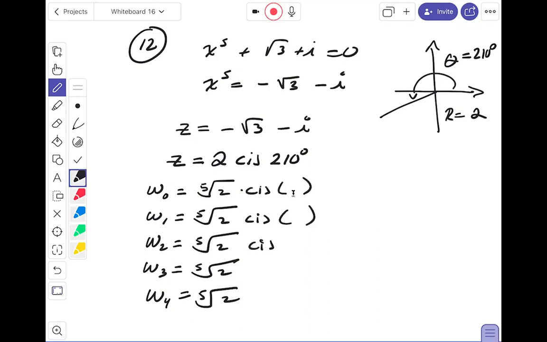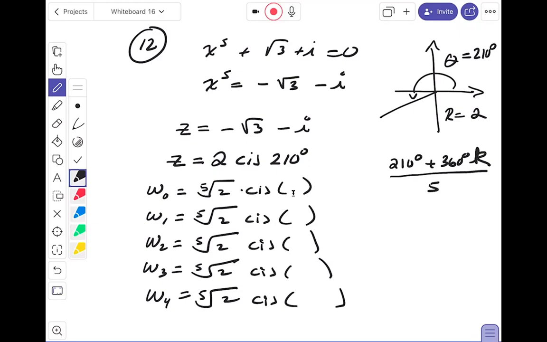Let's do the angle. 210 plus 360 degrees K over 5.